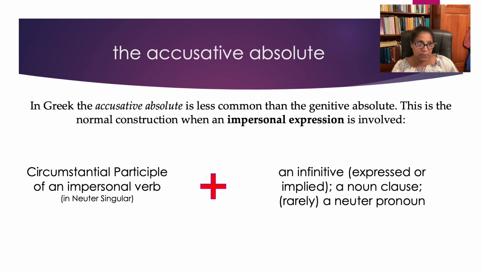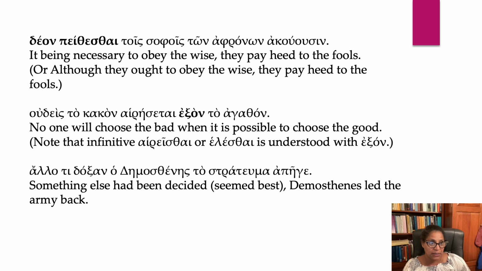Okay, let's look at an example. So here, very common, deon. So you have deon pathein with the infinitive here. So deon is your participle, pathein is the infinitive, right? So: it being necessary, or although it's necessary, because it's necessary, if it's necessary.